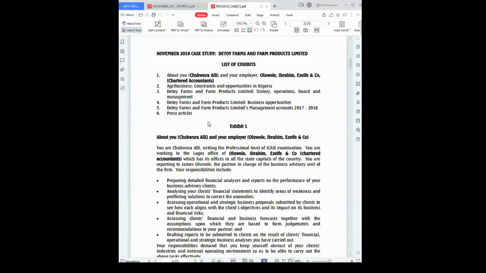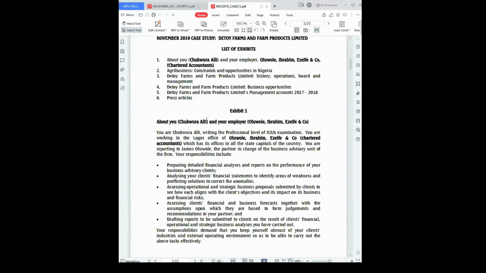So that is why we'll be given the pre-seen, more like 30% of the whole exhibit. Before now, it was about 50% of the whole exhibit in the case. So the purpose is for you to understand this part of the case.